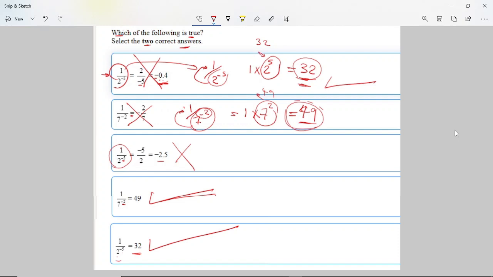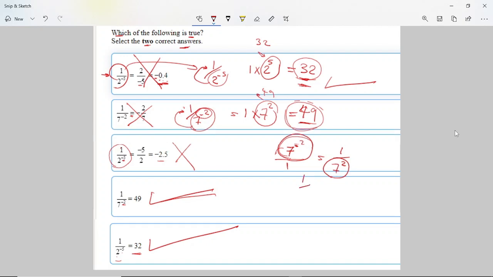So here, if I'm going to say 7 to the power of negative 2, I have to change this one to a positive, so it means I will flip the number from numerator to denominator, because 7 to the power of minus 2 is almost like over 1, so it will be equal to 7 to the power of 2, and vice versa.